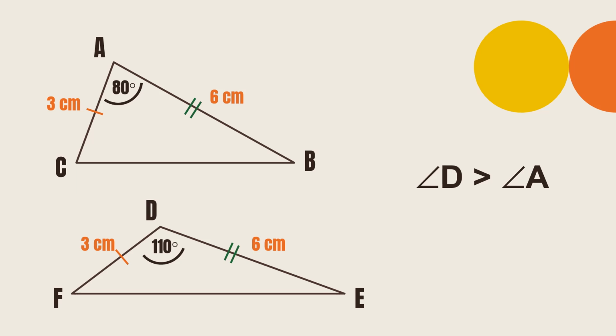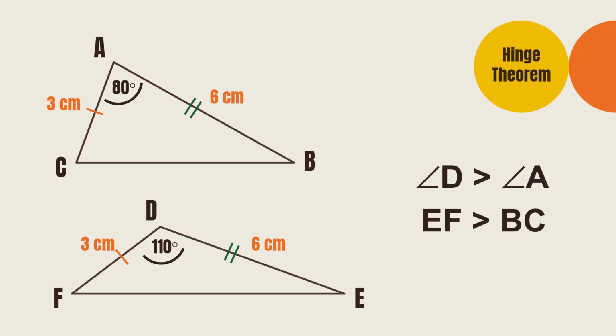Yan. Now, do sa second part ng theorem, sabi, yung opposite side daw nung angle, no included angle. So, ang opposite side ni angle D is line segment EF. At yung opposite side ni angle A is line segment BC. If they have the same relationship as the angles, then we will have line segment EF is greater than line segment BC. So, ganun lamang po.